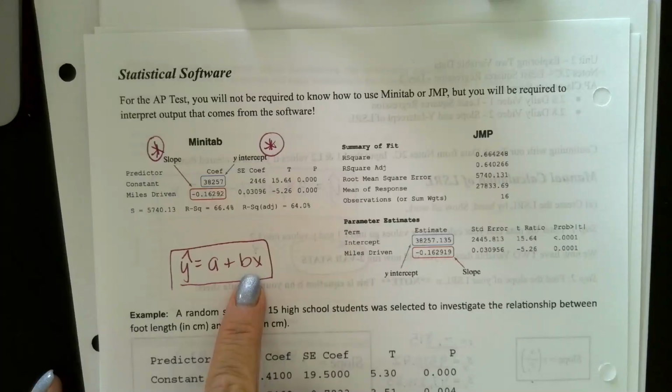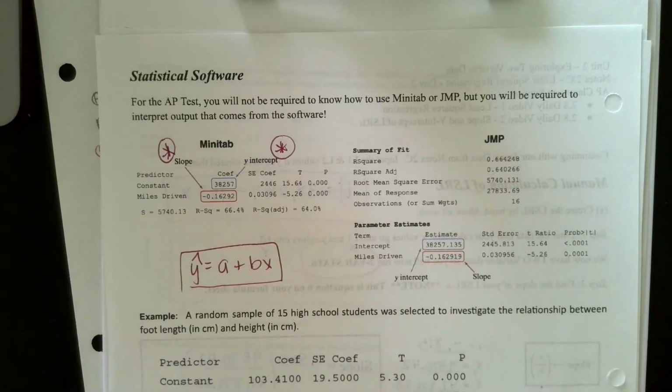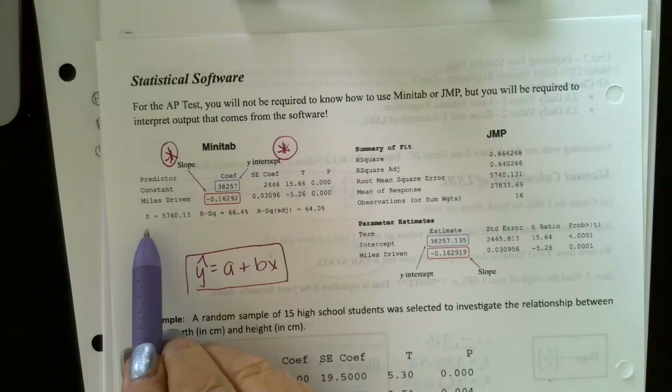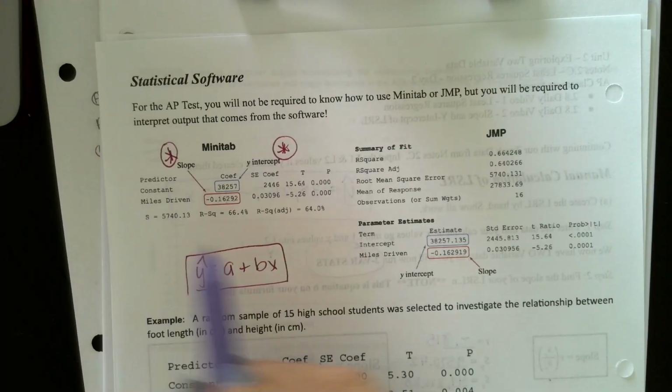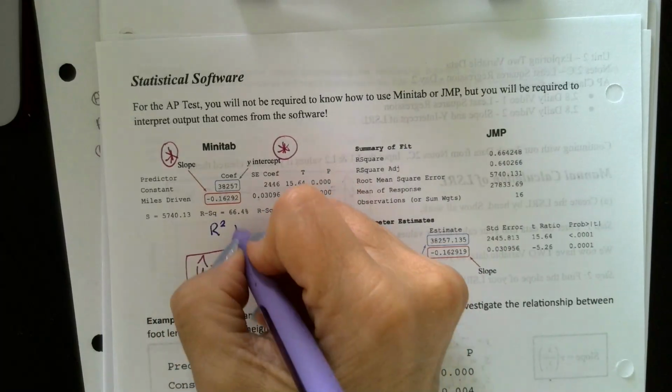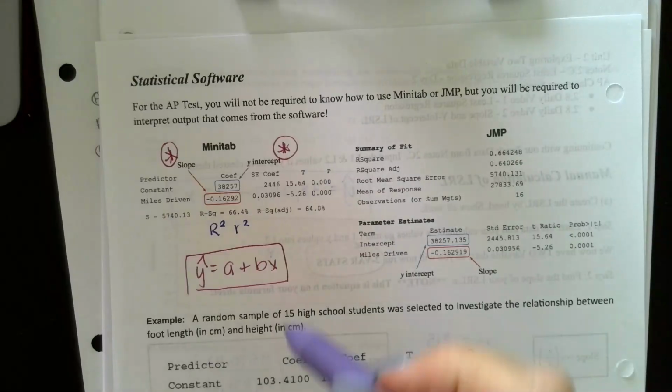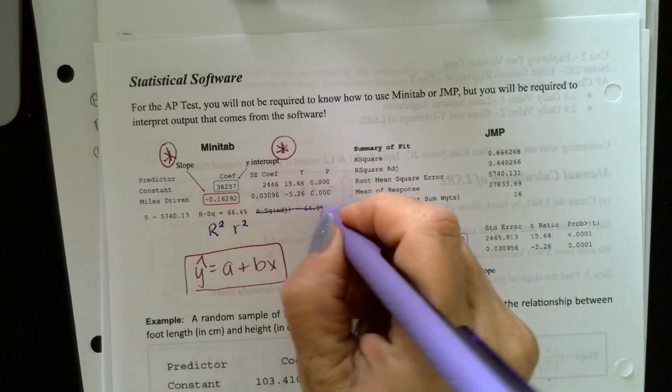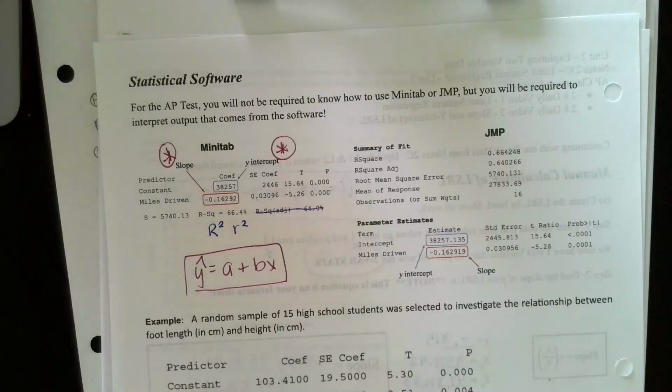So hopefully that helps you. What you also pull out of this is the standard deviation. You see your r squared. That's this value, r squared. And then this r squared adjusted, we will never use that. So you can get rid of that.